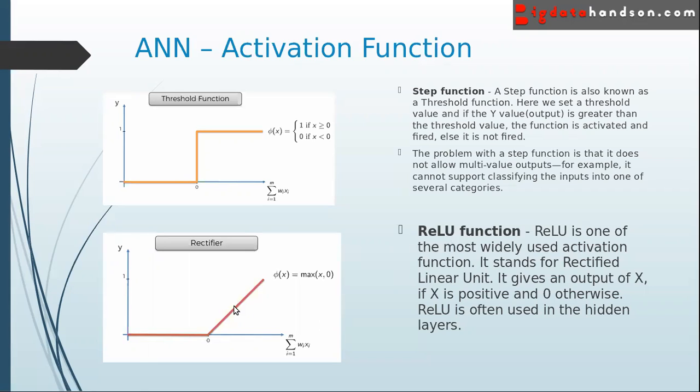When you have a negative value, the output is 0; if you have a positive value, it keeps the positive value. Relu is one of the most widely used activation functions. It stands for rectified linear unit. It gives an output of x if x is positive and otherwise 0.